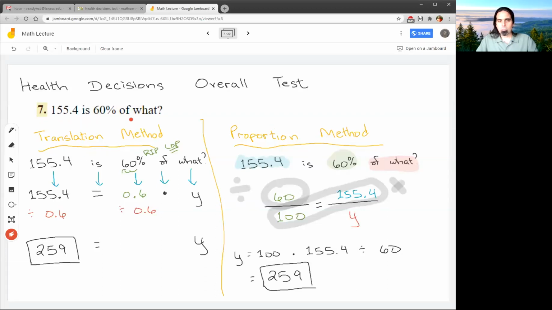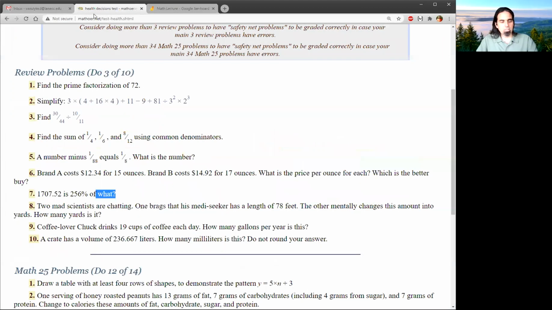Okay, should we do another one of these percent sentences? Yes, no? Yeah. Yes, okay. We just did one with the what last.